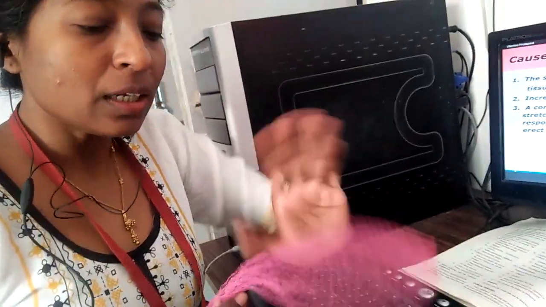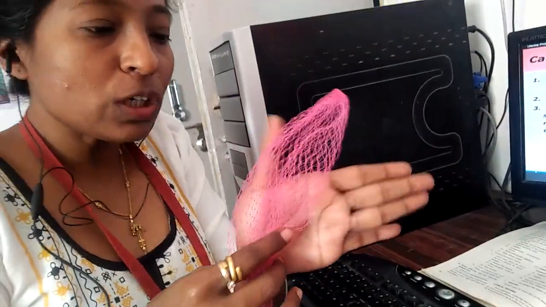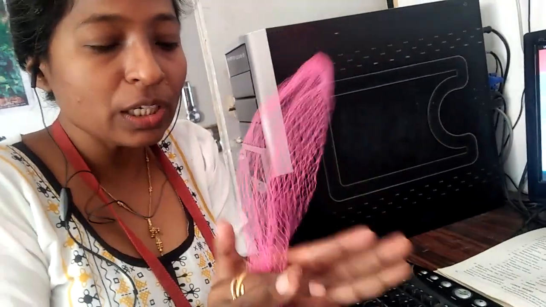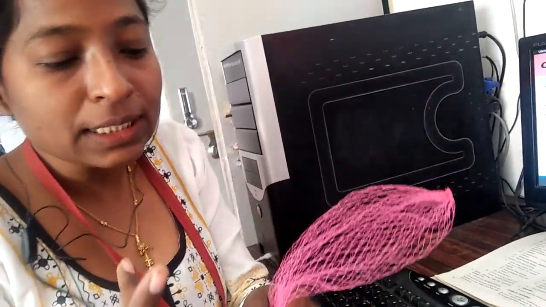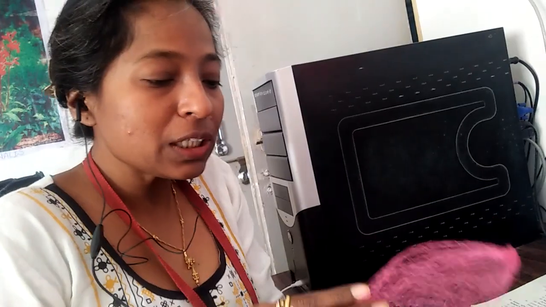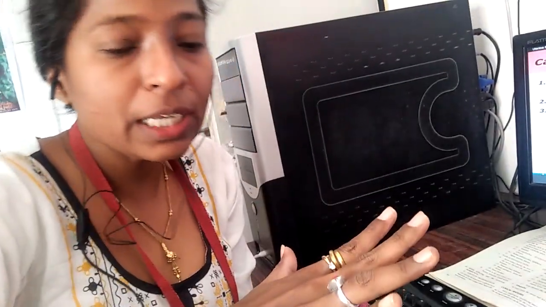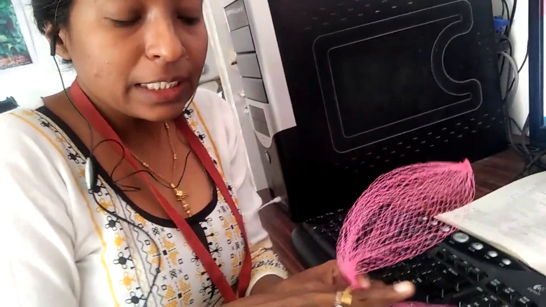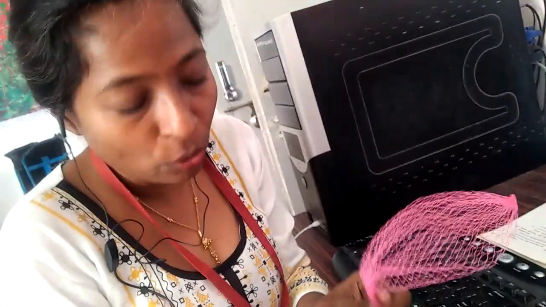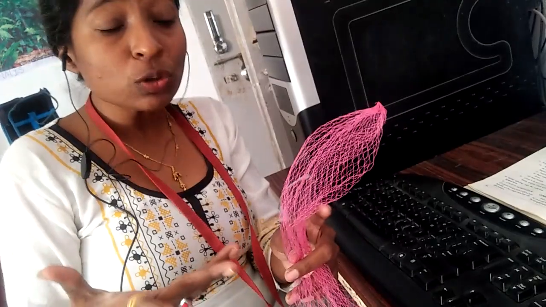So what is here? One, congenital: the supports which are present over here get weak. Second C is childbirth. During childbirth, if there is no proper care during intranatal care, there is weakness of these supports. And third, what we remember is the climacteric, the age before and after the menopause, where the estrogen level drops down.